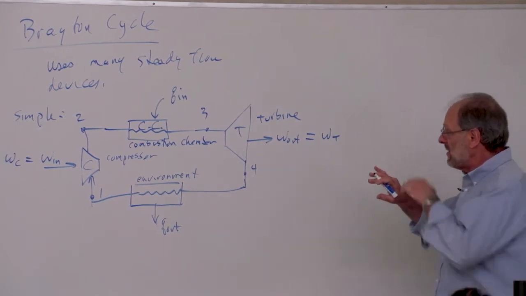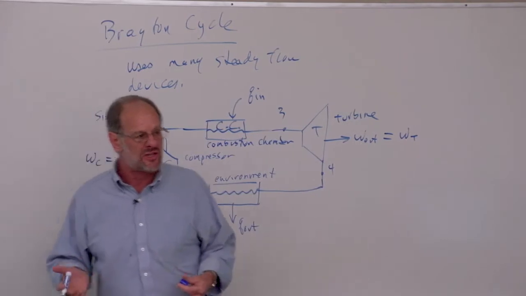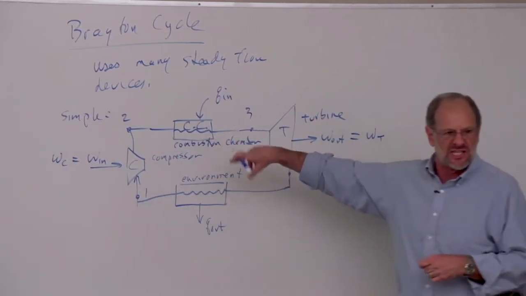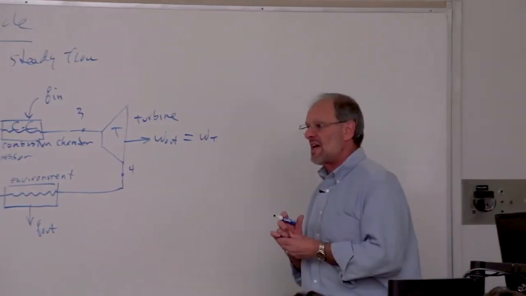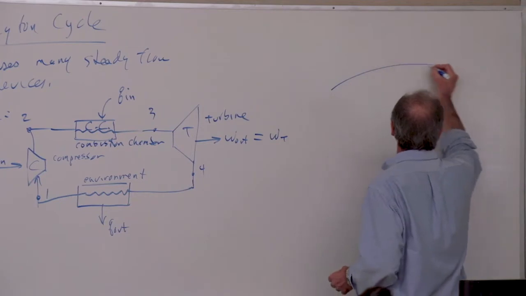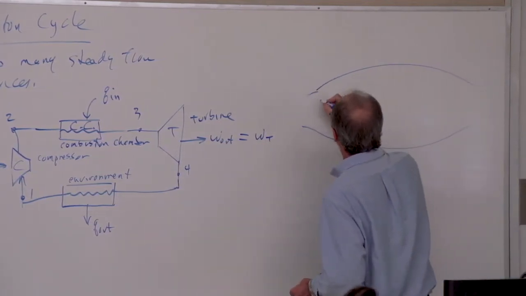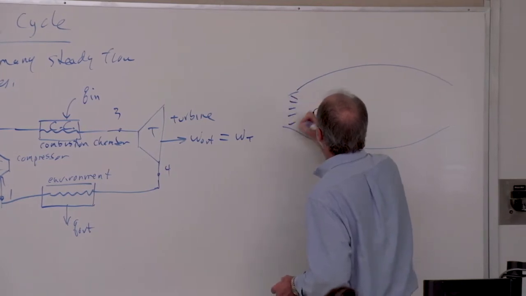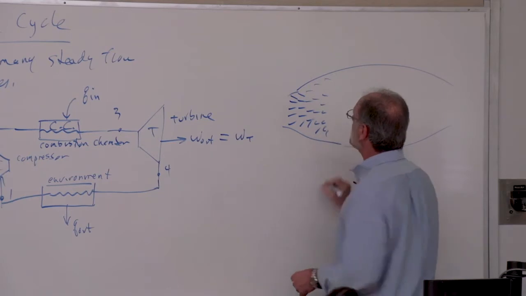Now, another thing that I might note is that in our real world, you should at least understand what these engines look like, even though we're modeling them in this nice, simple, closed manner. In fact, that's why I've passed those 2 handouts around. You can see that a real gas turbine kind of has this kind of a look to it. On this end of the turbine, these are the various stages of the compressor.